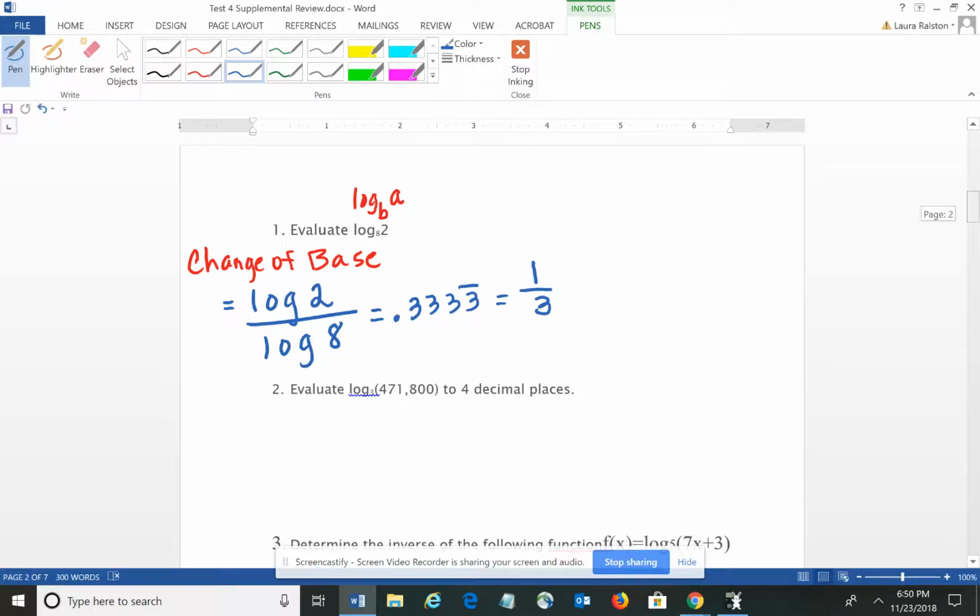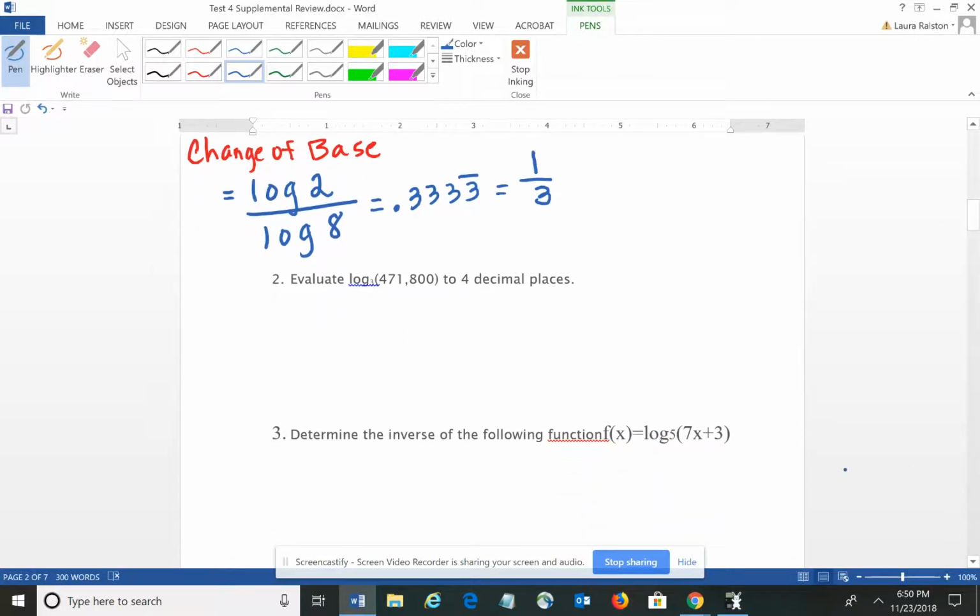Okay, question 2 is similar to that. They want you to find log base 3 of 471,800 to 4 decimal places. Again, in this case, I want to use the change of base formula because my calculator won't do a base of 3.